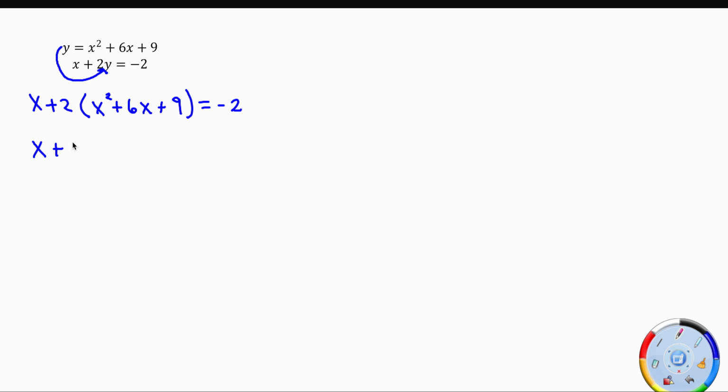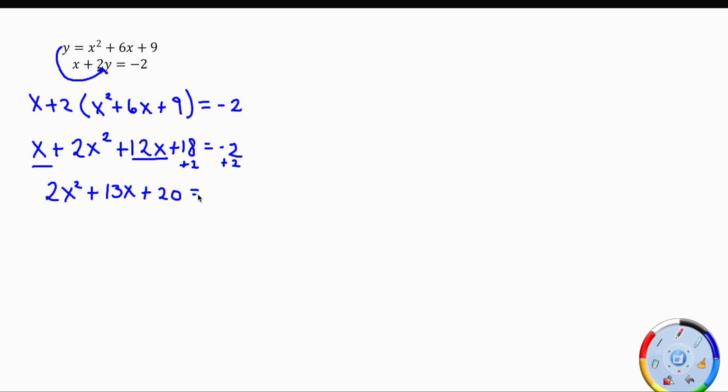So x plus, getting rid of my parentheses first, 2x squared plus 12x plus 18 equals negative 2. Okay, 2x squared plus 13x, combining like terms and putting all my constants on the same side to set it equal to 0 so I can try to factor it.